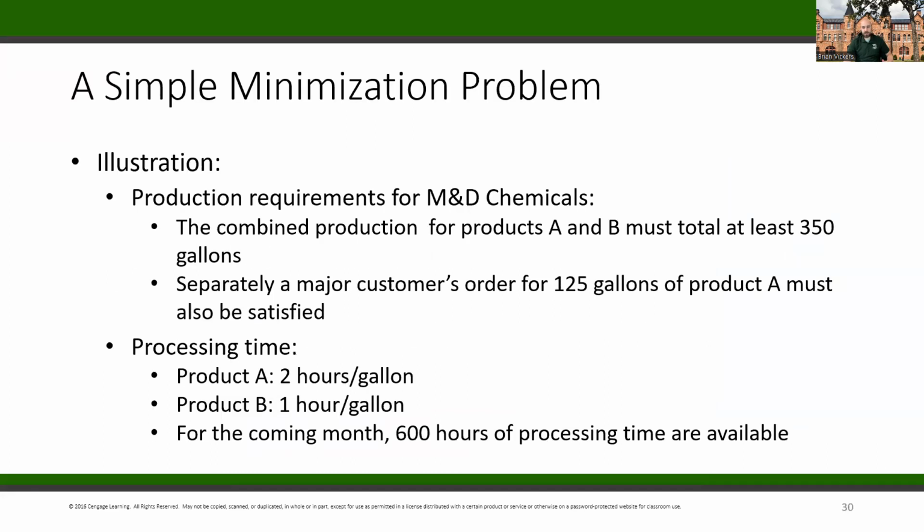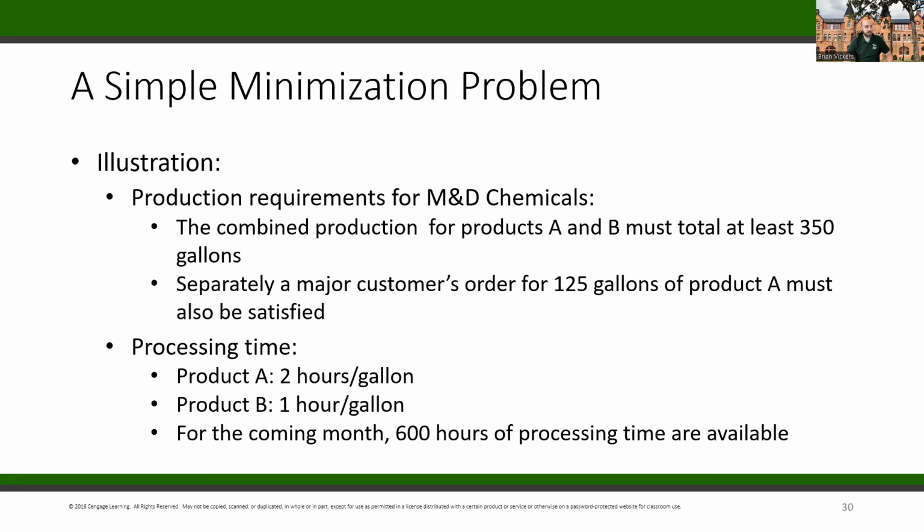Okay, on to a minimization problem. I'm just going to gloss over this one because we're going to work through it in the practice problem video. The idea is that you're not always maximizing something. Sometimes you're minimizing something. In this case, they want to minimize the total cost. That's a usual setup.